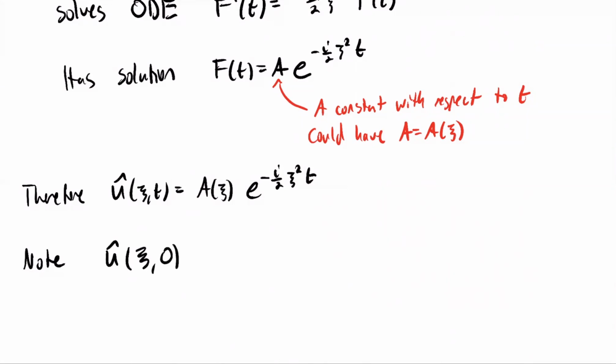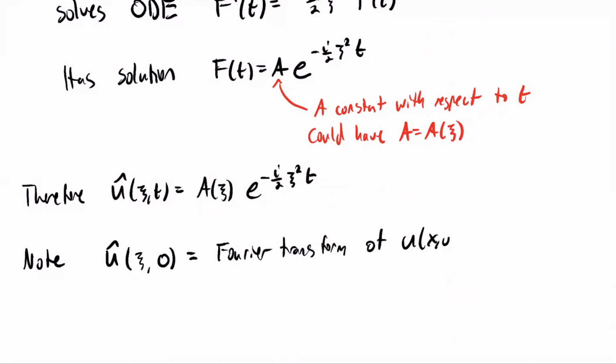The reason we're looking at t equals 0 is because when t is equal to 0, the exponential term will vanish, and so we can hopefully solve for A. So if I set t equals 0, u hat of xi is the Fourier transform of u of x, 0 with respect to x.